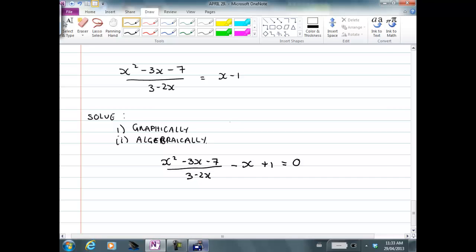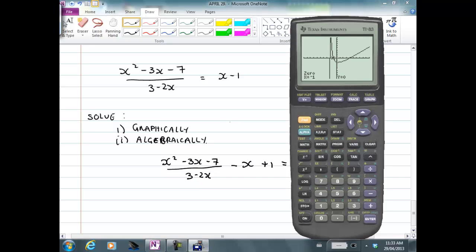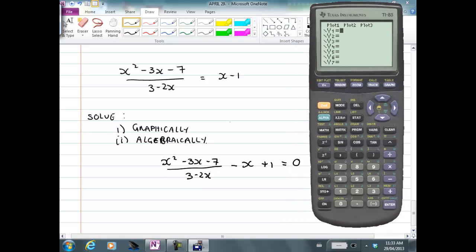Put this into your TI-83, and you got to be careful how you put this in. Notice the top part is kind of complicated, so I like to use brackets just to make sure that everything works out well. So this is x squared minus 3x. I'm going to put everything on top in a bracket, or else it may screw up.